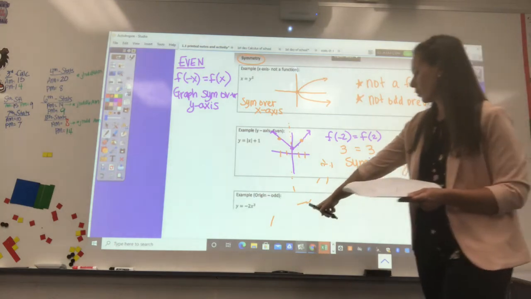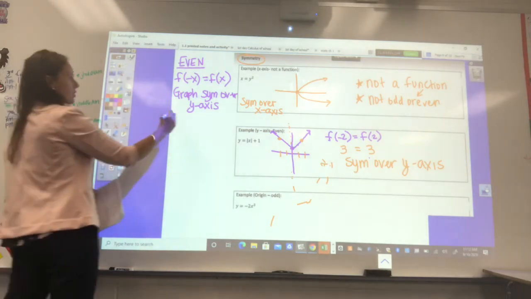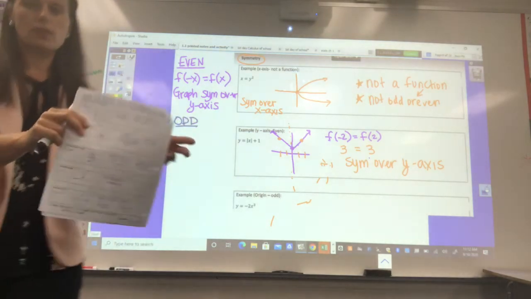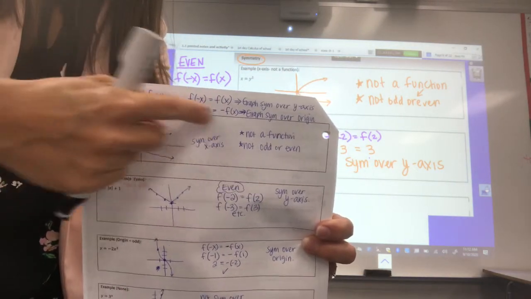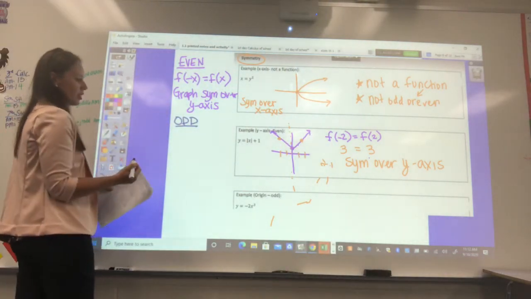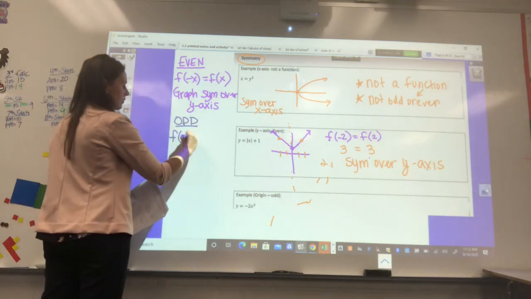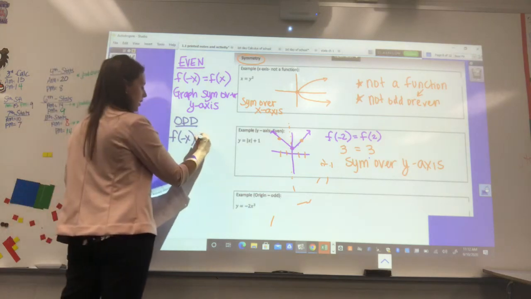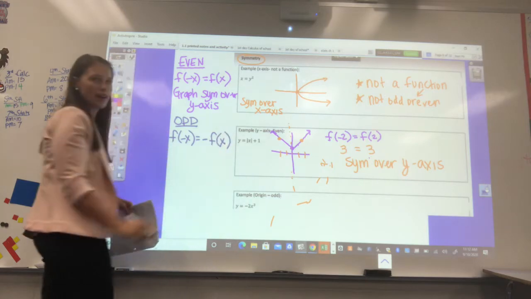I don't have a lot of room, but I'll maybe show my work right here. This is an example of what's called an odd function. So again, what I did on my notes is I wrote this up here at the top: even function and odd function. So an odd function is if you plug in a negative, like if you plug in a -3, you're going to get the negative of the answer you would have gotten if you had plugged in +3.